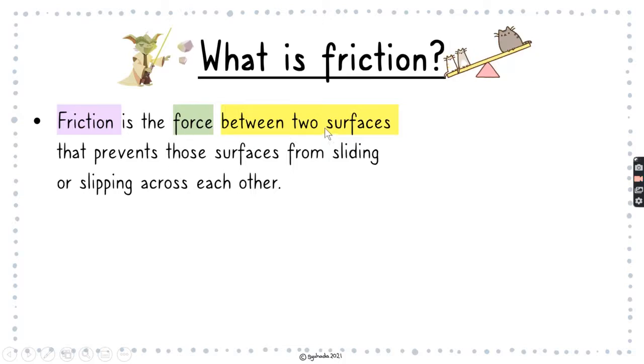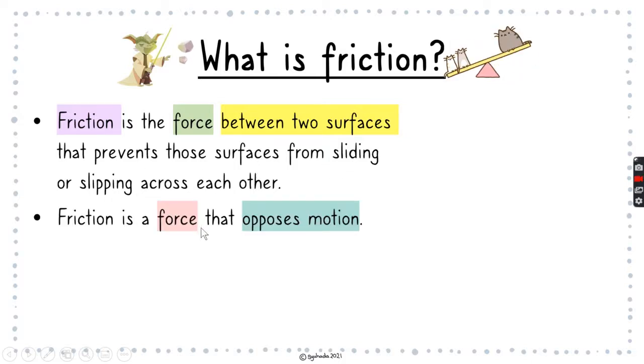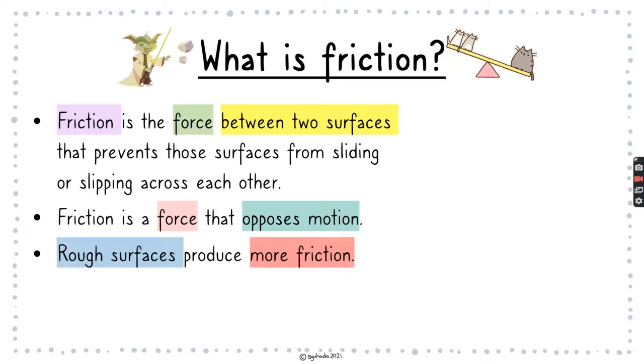And friction is a force between two surfaces that prevents those surfaces from sliding or slipping across each other. Friction is a force that opposes motion. That means that if something is moving on top of that surface, friction is a force that goes in the opposite direction, against it.